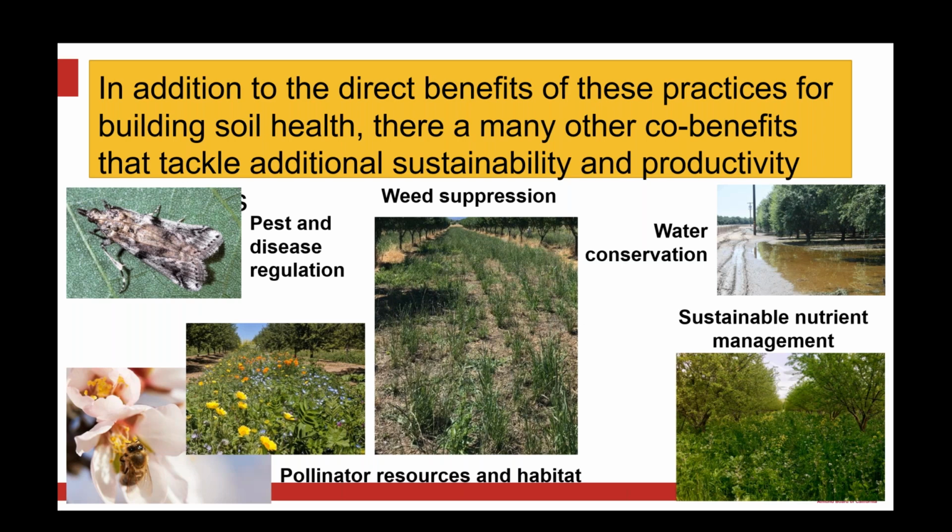Weed suppression, again, it depends a lot on what you use, but in some cases, weed suppression has been seen, especially if you have the lower growing, what I'll call spreading cover crops. Water conservation, at least I haven't seen the data yet.